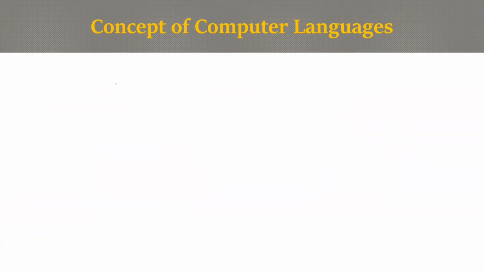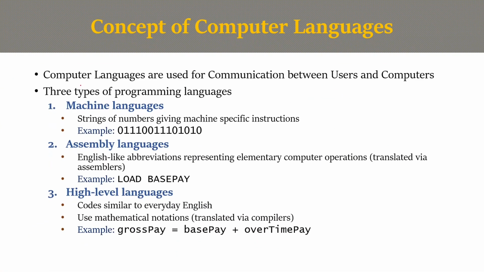Moving on to the concept of computer languages. Computer languages are used for communication between users and computers mainly. So there are three types of computer programming languages. The first one being machine language, the second one is the assembly language, and the third or the last one is the high level language.